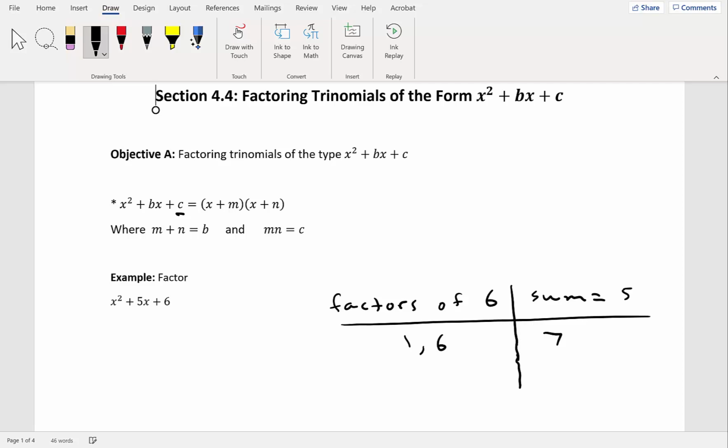But there are some other numbers that multiply to give us 6, for example, 2 and 3. 2 times 3 gives me 6, and now 2 plus 3 gives me 5, which is exactly the combination I'm looking for. So x squared plus 5x plus 6 factors into x plus 2 times x plus 3. And now we've factored this trinomial.